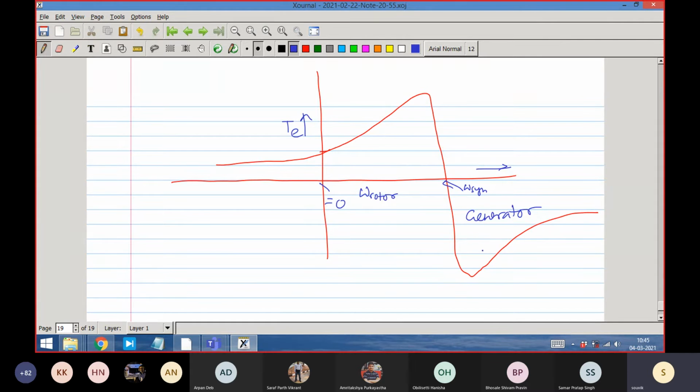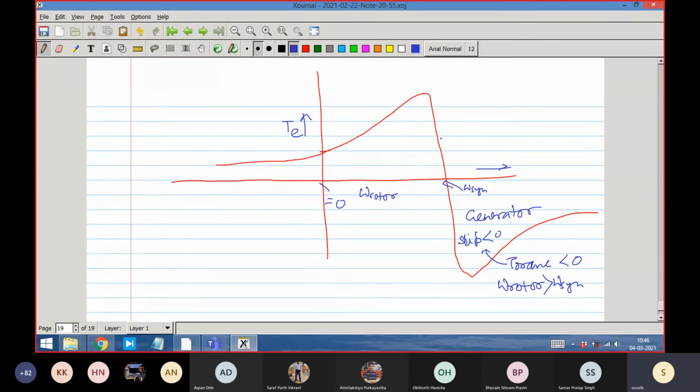So this is the generating zone. How do we define it? Slip is less than 0. This is the generating zone. Slip is less than 0. Okay, torque is negative. In other words, torque is less than 0, slip is less than 0. That means what? Omega rotor is greater than omega synchronous.